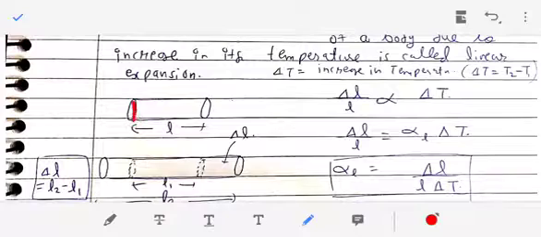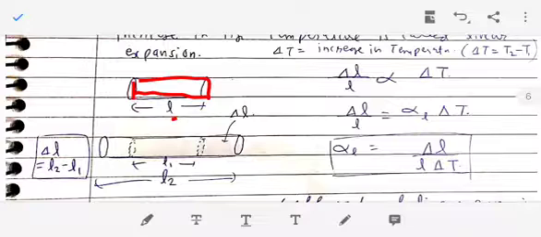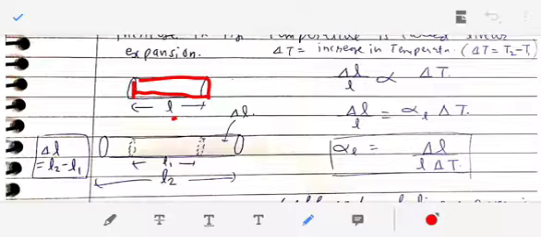For example, this is a rod, it has length L, and we increase its temperature by delta T. Previously its temperature was T1, then we heated it up, so its temperature increases to T2. So the increase in temperature is delta T. Due to this, the length of the rod increases by delta L.